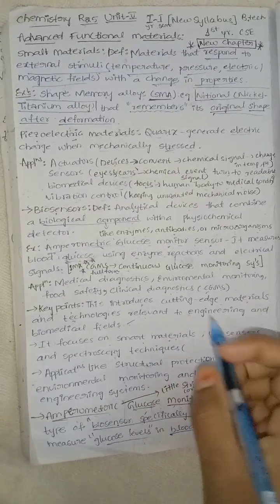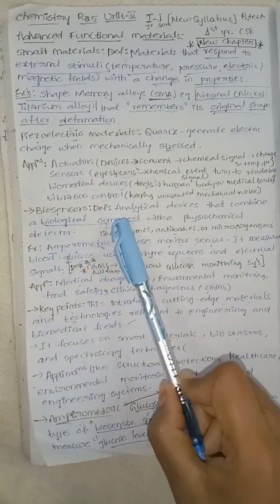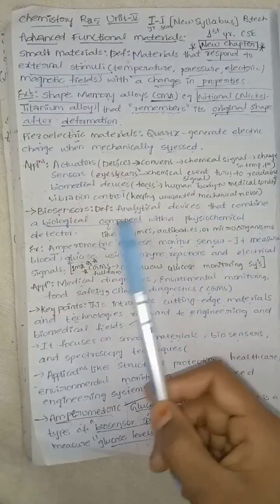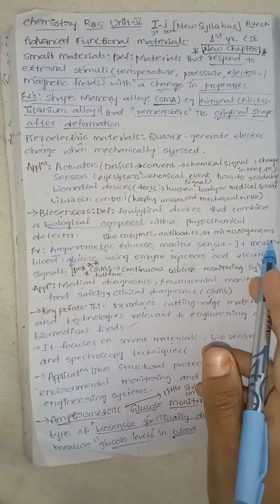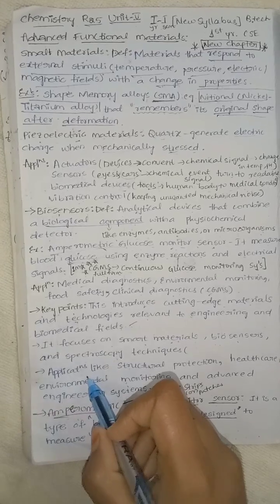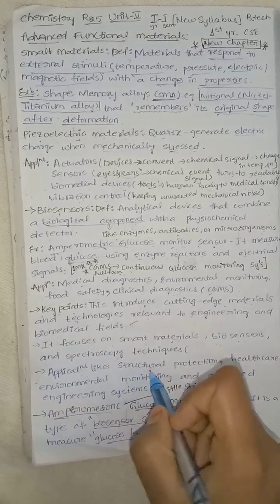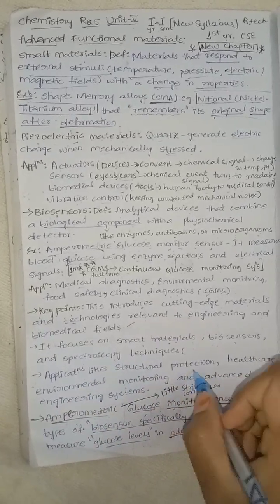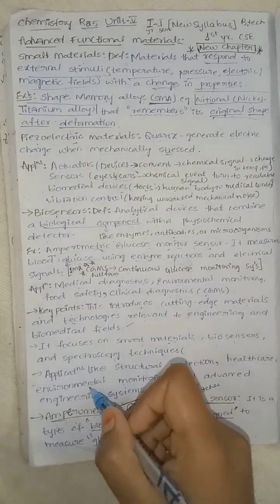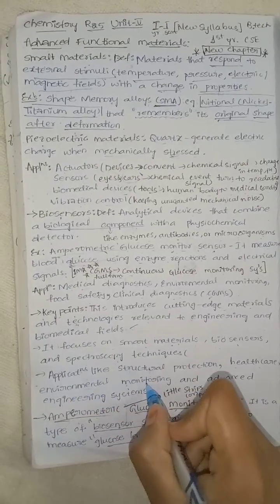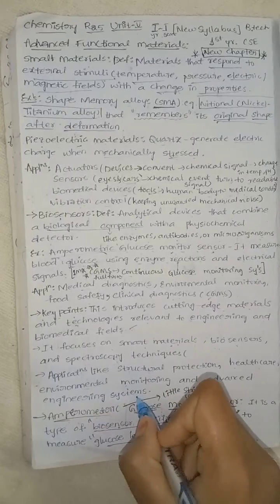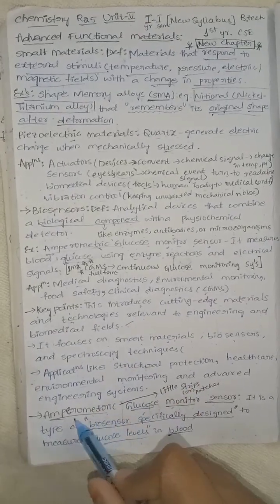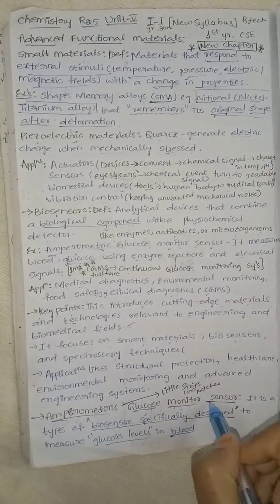And biosensors: a biological component like enzymes, antibodies or microorganisms with a physiochemical detector. These are used in structural protection, healthcare, medical purposes, environment monitoring and advanced engineering systems.